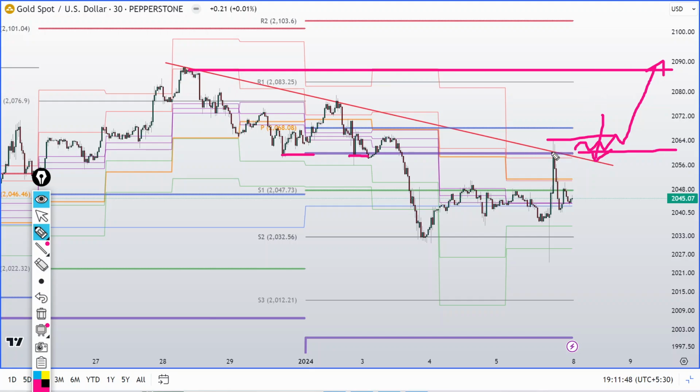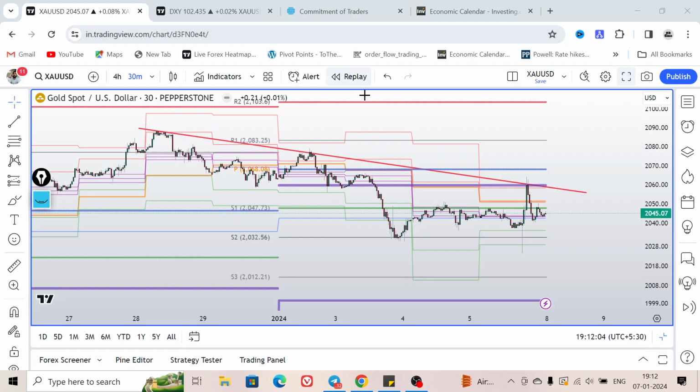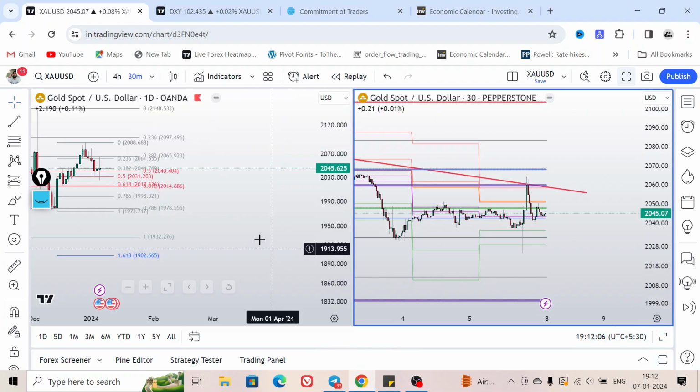On the higher side, this level and this trend line we have to watch, and on the lower side, of course, if we are going to look for a sell, we had better wait for it to break down the Fibonacci 0.618 level right over here. So this is the scenario and these are the levels. These are quite simple levels as per the price action, so we have to watch these levels only.